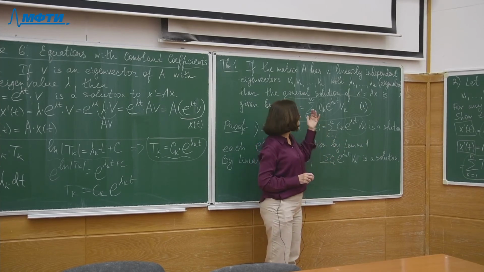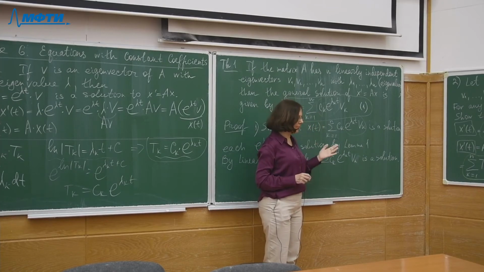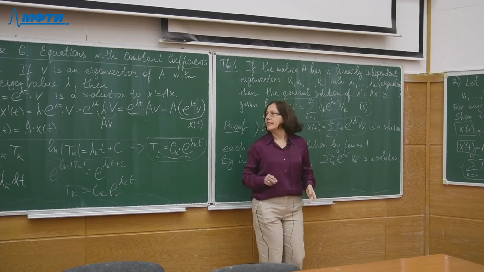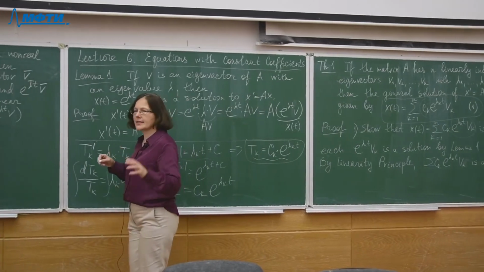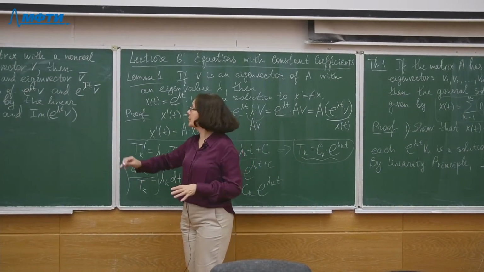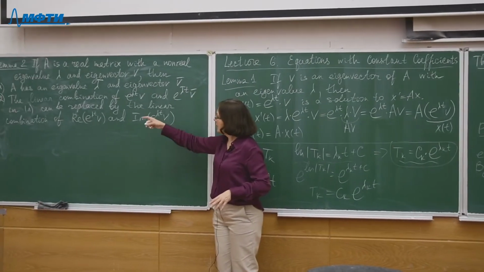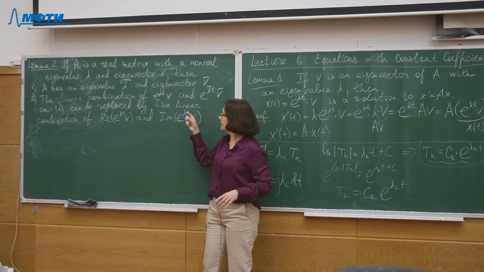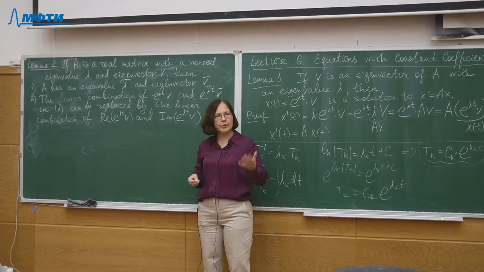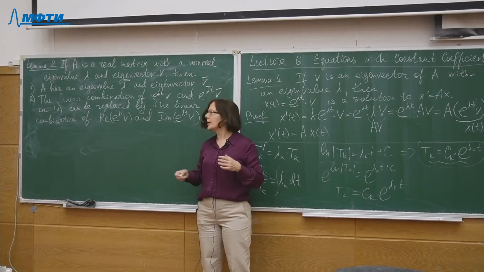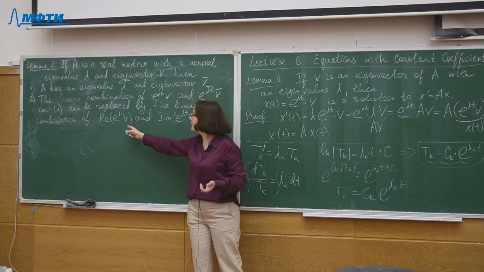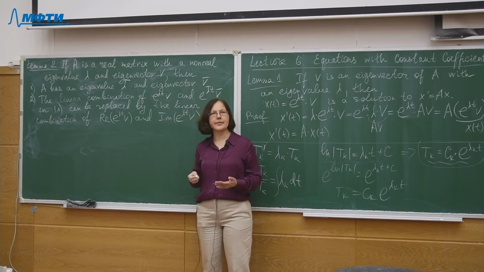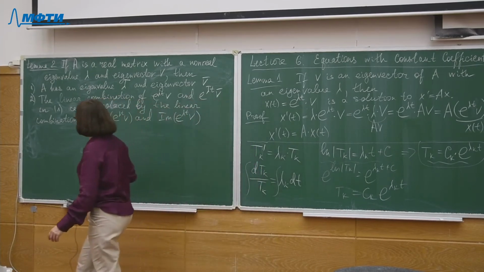So we should replace complex vectors by real parts of these vectors. The statement says we can replace complex components with real components: the real part and imaginary part of this vector will be real, and the linear combination of these two vectors can be replaced by a linear combination of the real ones. And now I'd like to prove this.